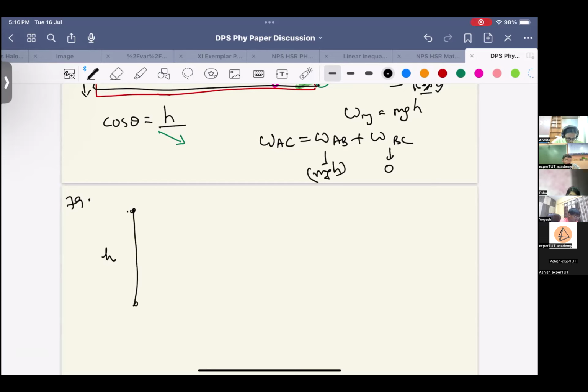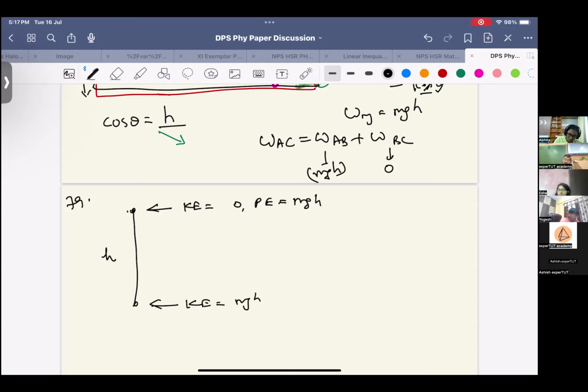At the highest point it is released. Released means what is the initial KE? Make the diagram, everyone. At this point, what is KE? 0. PE is mgh. Very good. At this point, what is KE?